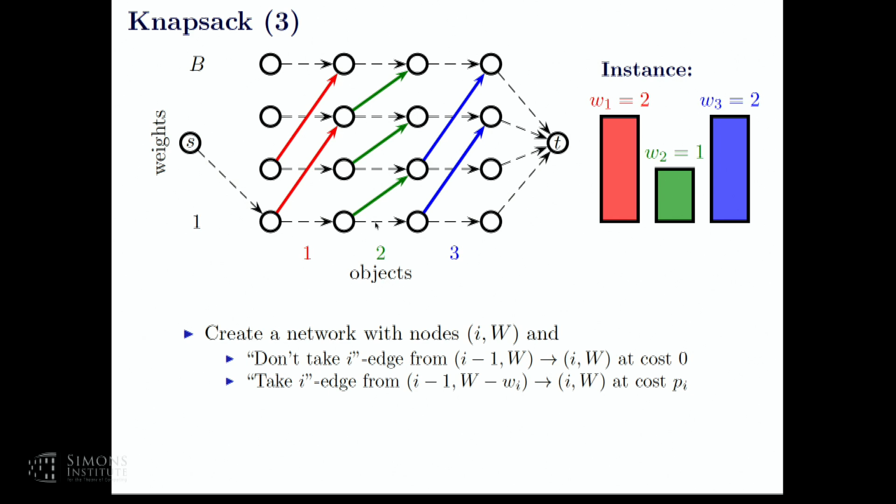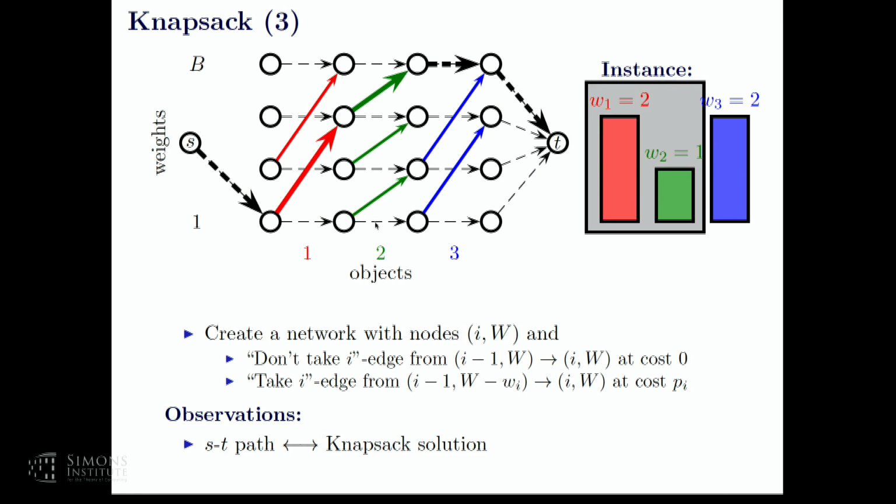And now there's an easy bijection between every subset of your items, so that the sum of the weights is at most the capacity of the knapsack, and the paths in the network. So this is actually just what your dynamic program is doing. Your dynamic program looks at the maximum cost path from S to T in this network.